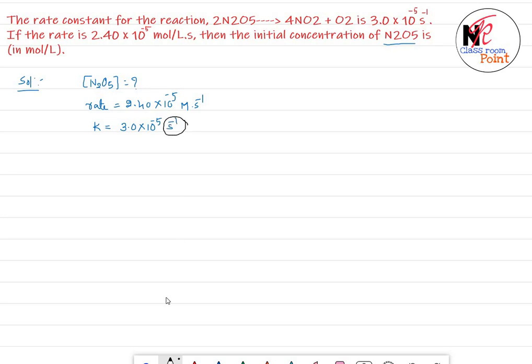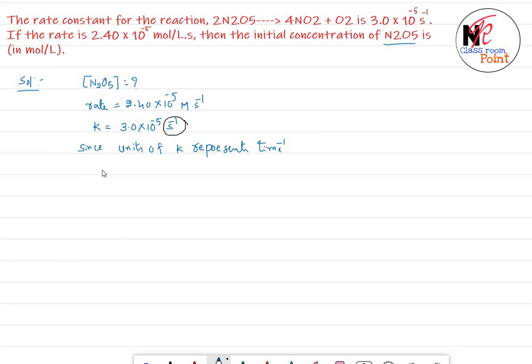The important thing in this question is the K units. As the K units are per second, meaning time inverse, it represents first order kinetics. Since the units of K represent time inverse, the decomposition of N2O5 follows first order kinetics.